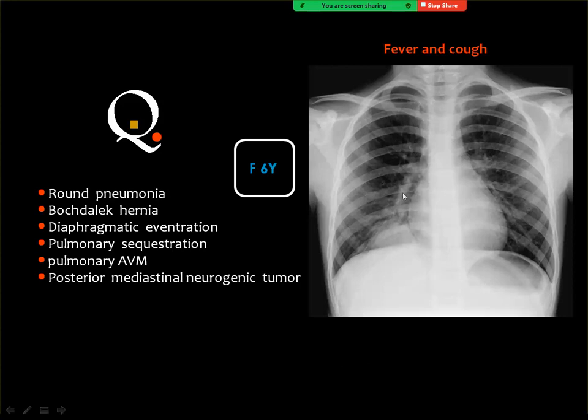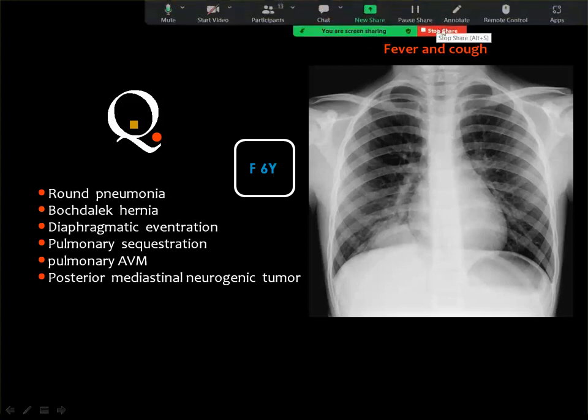And the first case is a female child, 6 years old, complaining of fever and cough.